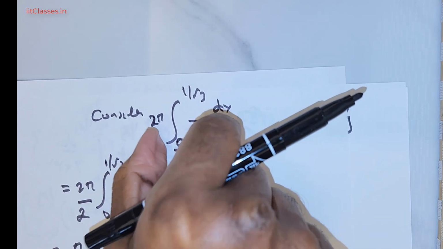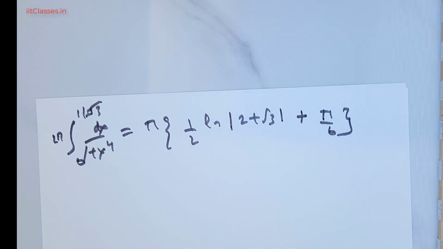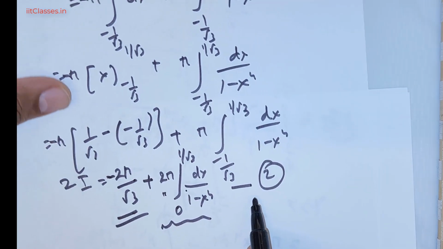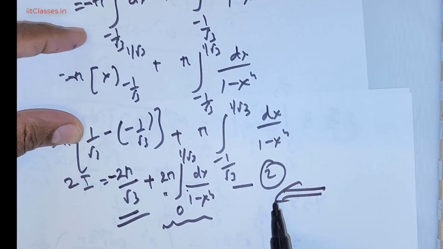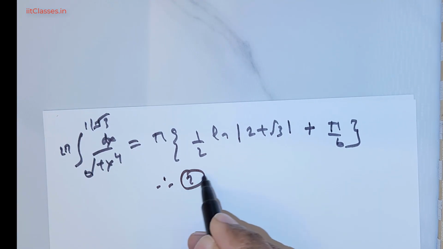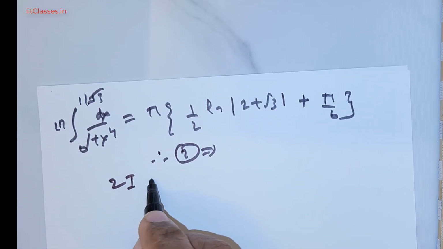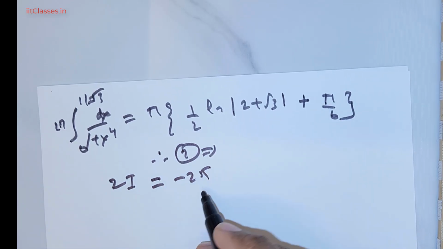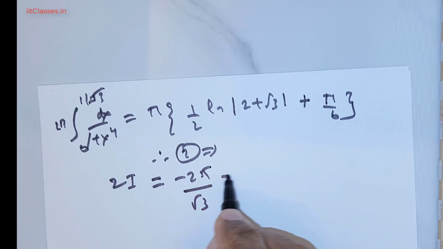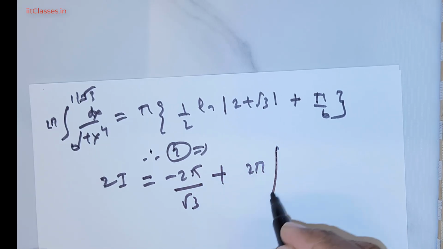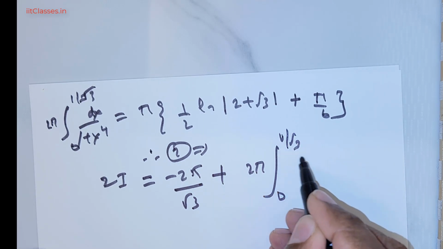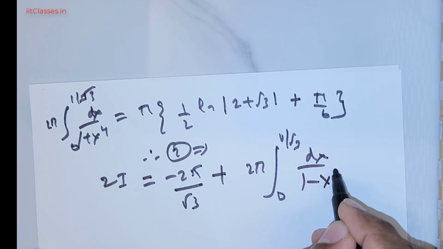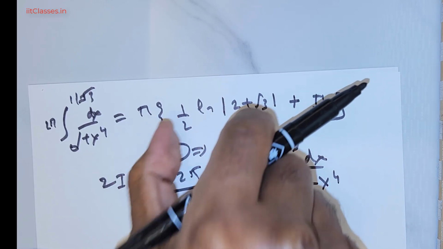Now we take the value here and substitute it here. Remember this? We had this, right? So therefore 2 can be rewritten as 2 times I is equal to negative 2 times pi divided by root 3 positive 2 pi integral 0 to 1 over root 3 dx over 1 negative x raised to the power 4. So in place of this I'm going to substitute this.